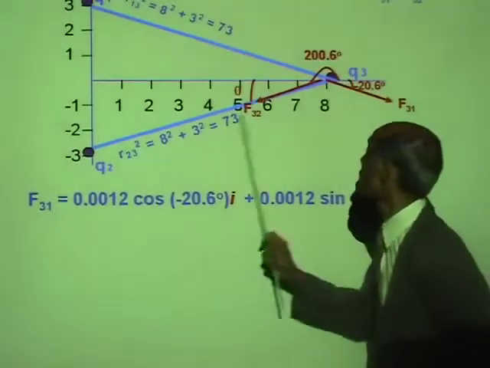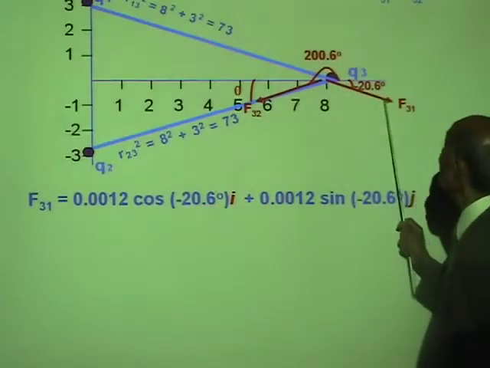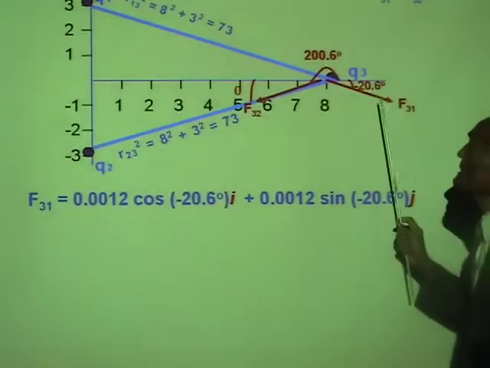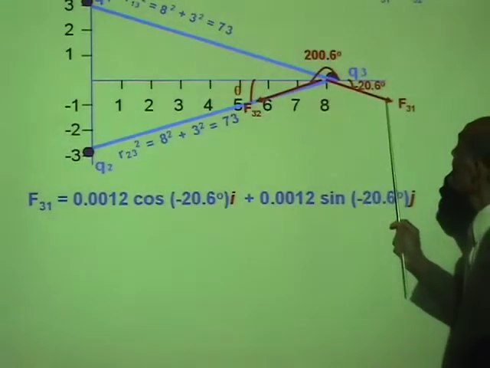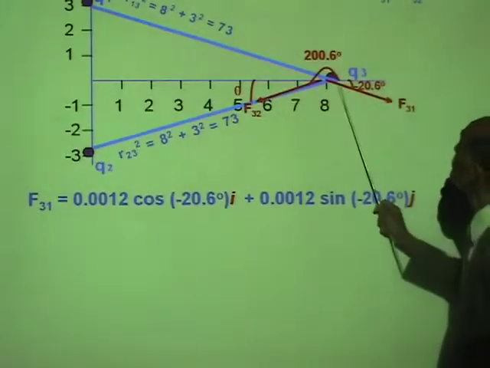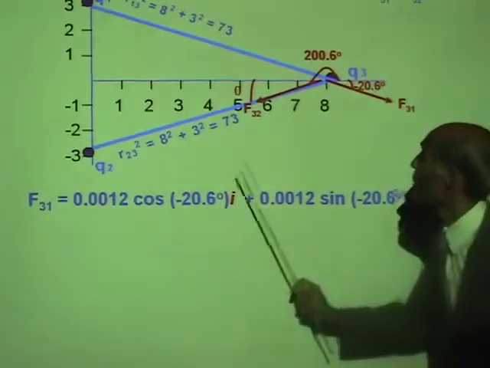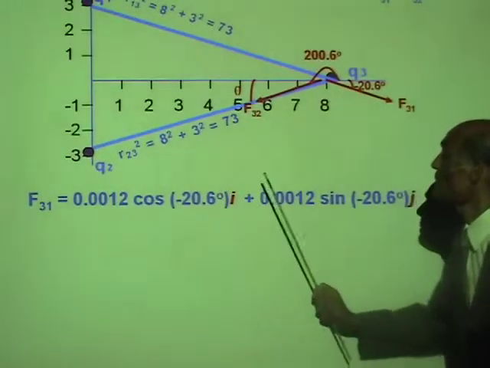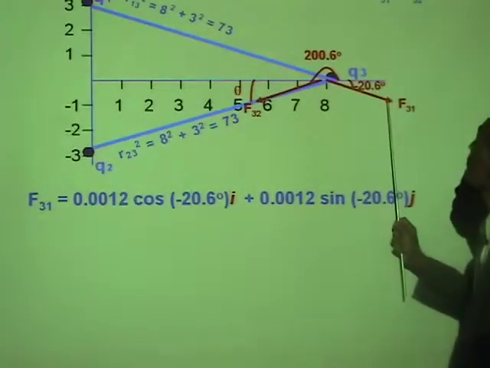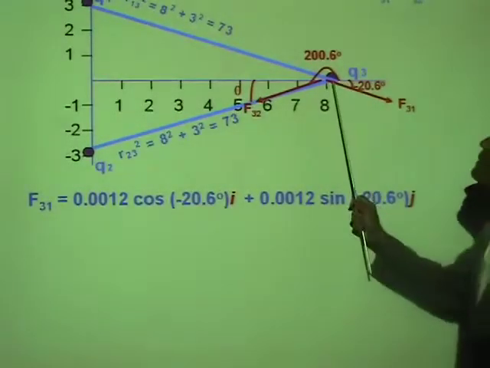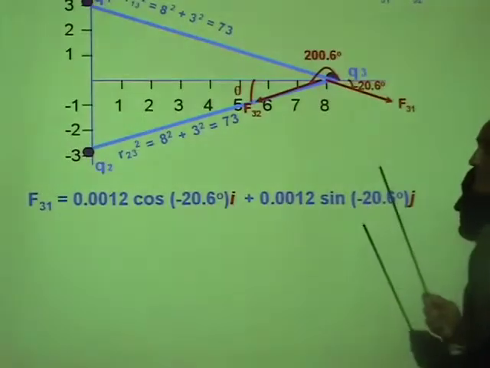So we have F31, you can see the value of F31 is 0.0012 Newton. So this F31 is now 0.0012 cosine of this angle i, that's the x component, plus 0.0012 sine of that angle, that will be the y component.